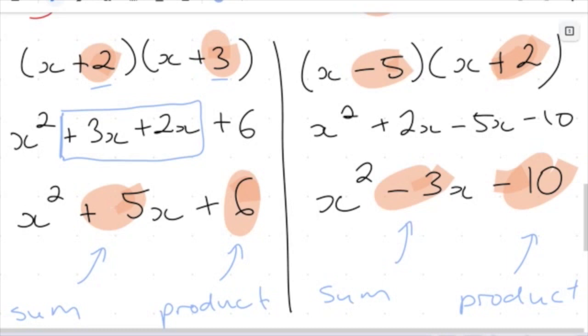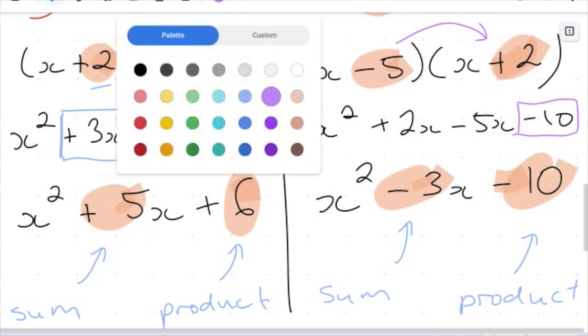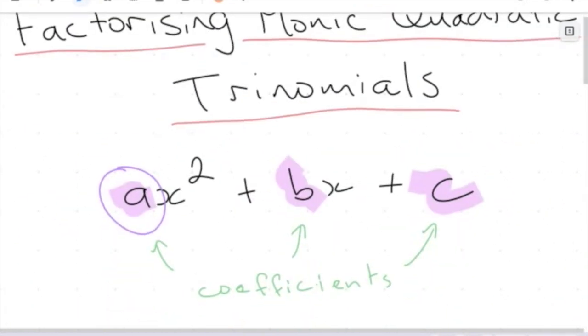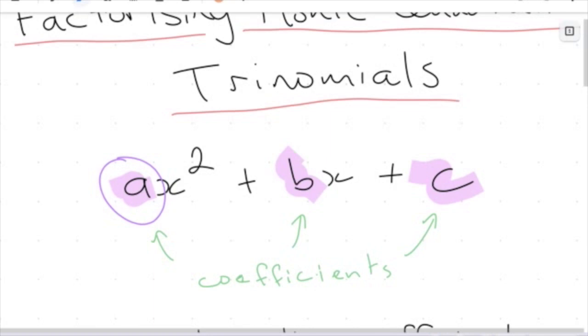The -10, it makes sense that it was a product because right at the end, when we multiplied the two integers, just by considering binomial products, it's in the name, product. We are multiplying. And these two middle terms here, we are summing. So this coefficient c, the number at the end here, we call that a constant as well.